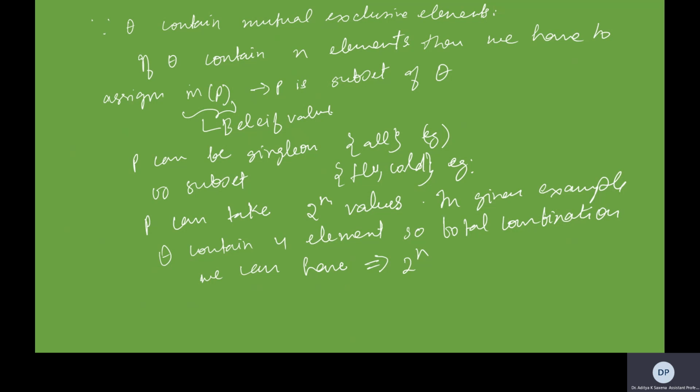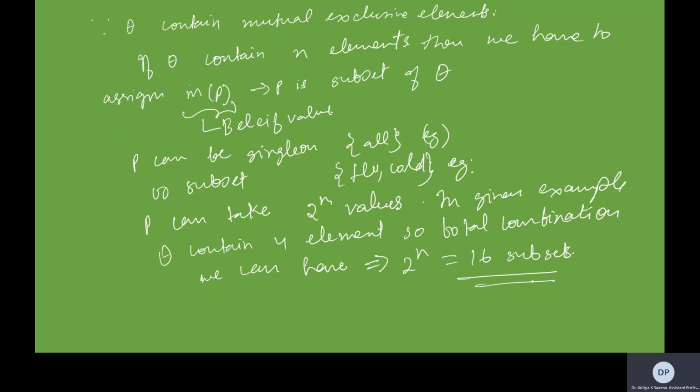The answer is no, because the doctor, with his own experience, assigns belief values to certain sets of that 2 raised to power n power set. So 2 raised to power n in this case will contain 16 subsets, including the empty set.